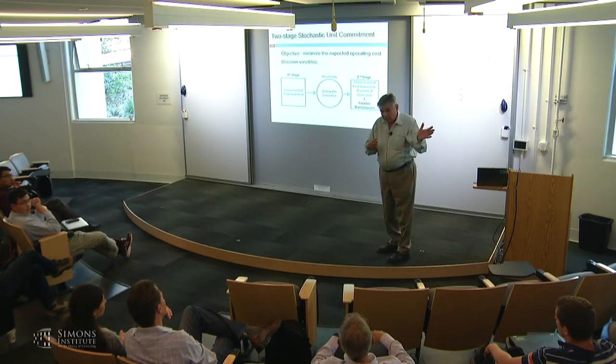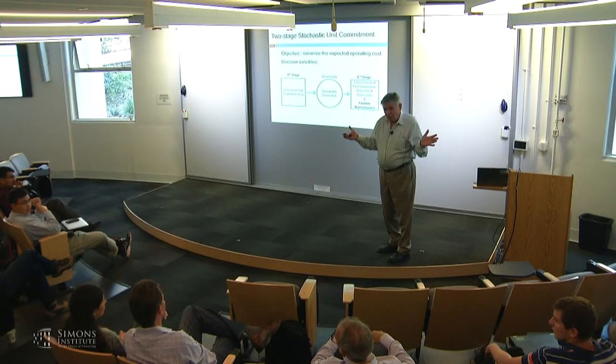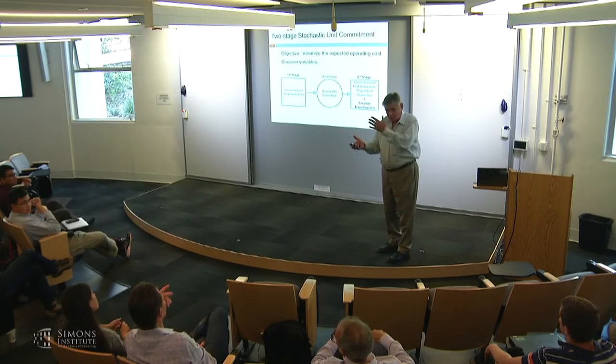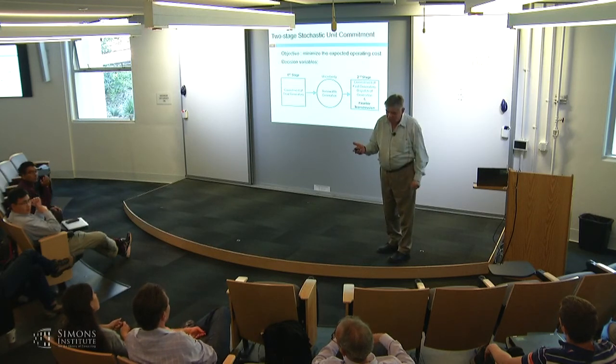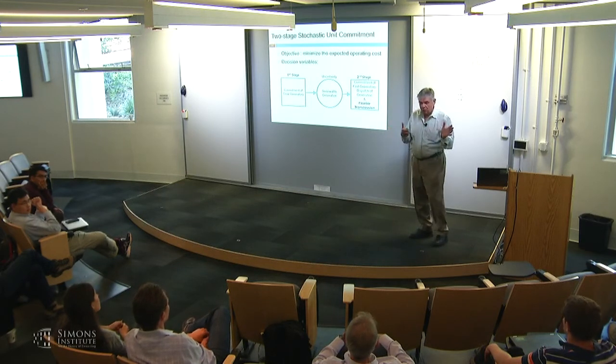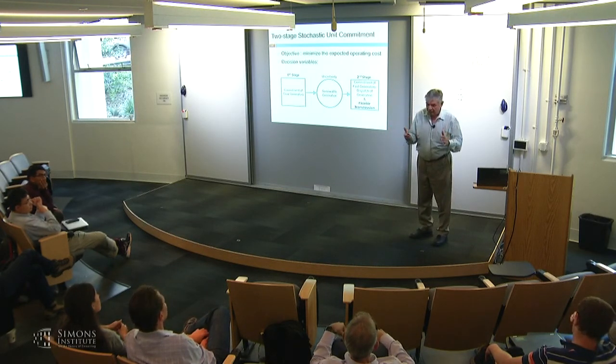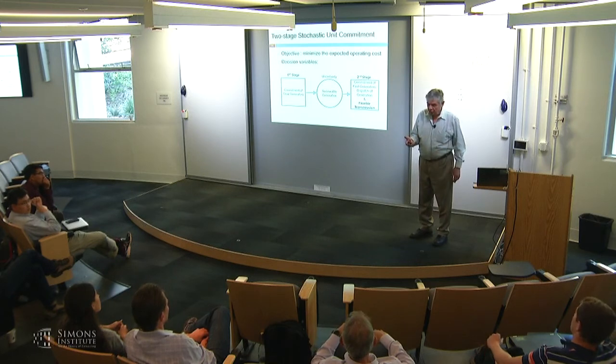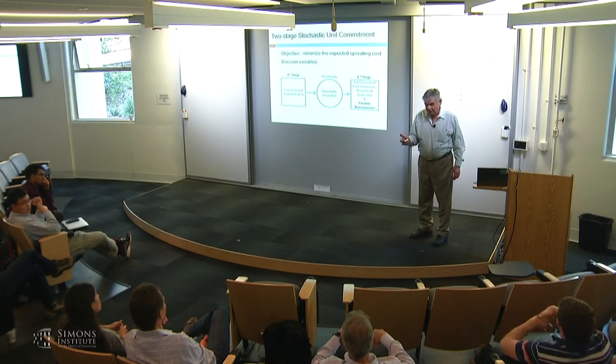To cut a line, you redirect the flow. By redirecting the flow, you move congestion. You can reduce congestion on certain lines and allow other generators to run. So by manipulating the topology, you redirect the flow, and you can affect the redispatch.